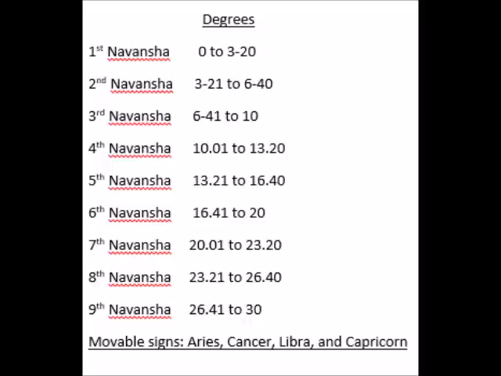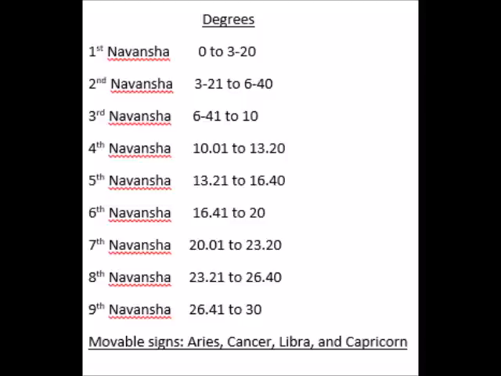Assume that Ketu is placed in the birth chart at 10 degrees and 25 minutes. Now we refer to the chart which is on your screen right now, and the chart says that it will be the fourth Navansha.